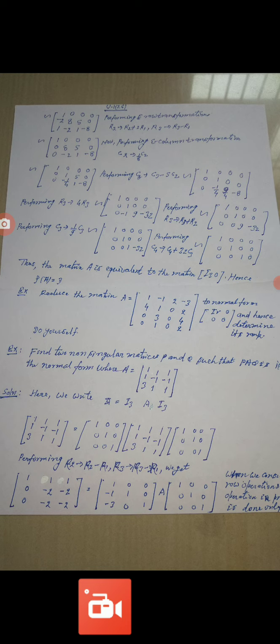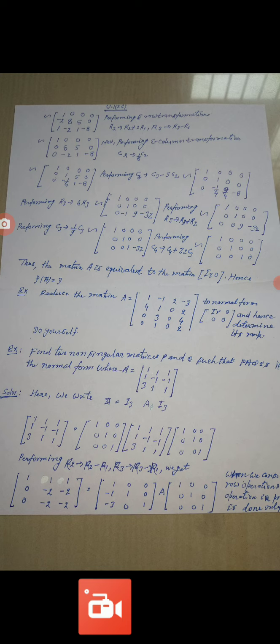By performing elementary transformation C2 as C2 by 8, this is equivalent to, in first row 1 0 0 0, 0 1 5 0, 0 minus 1 by 4 1 minus 8.